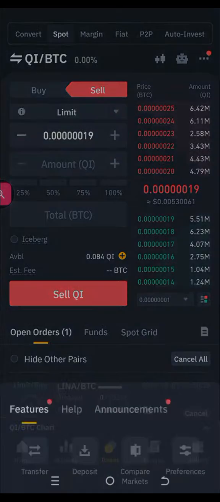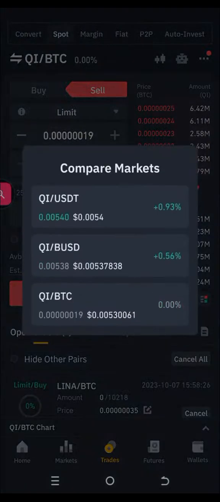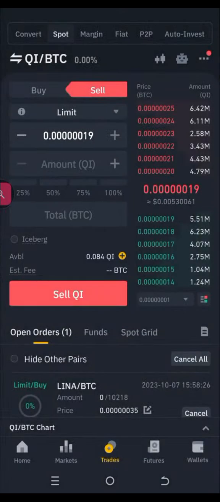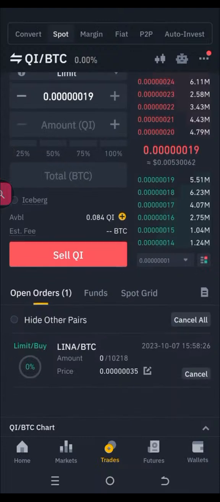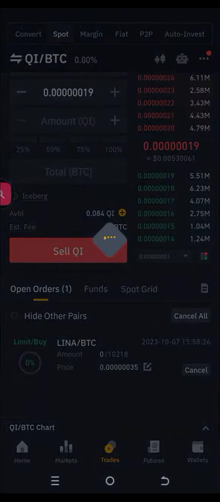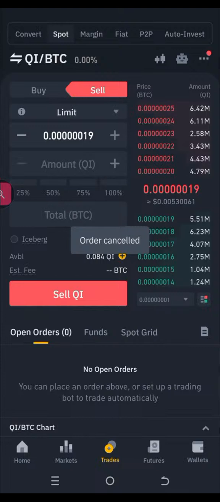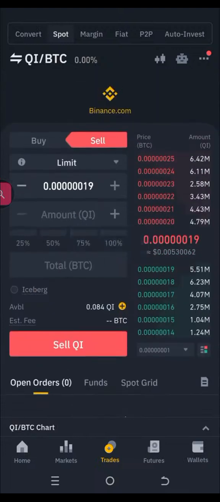So let's do a quick simulation and see what we will get. If it's not favorable, we'll just go back to Lena BTC.